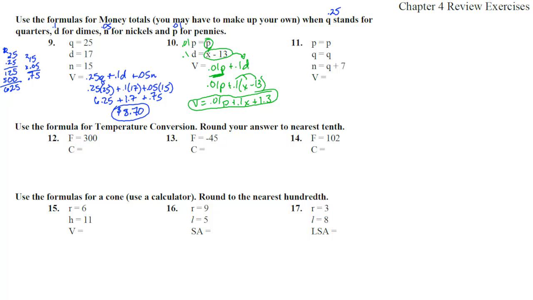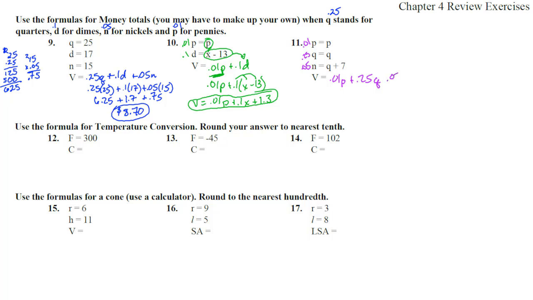All right, next one, number 11. Again, we're going to take 1 cent for every penny, 25 cents for every quarter, 5 cents for every nickel. So we get 0.01p plus 0.25q. We just stick in a q. That's not very interesting.